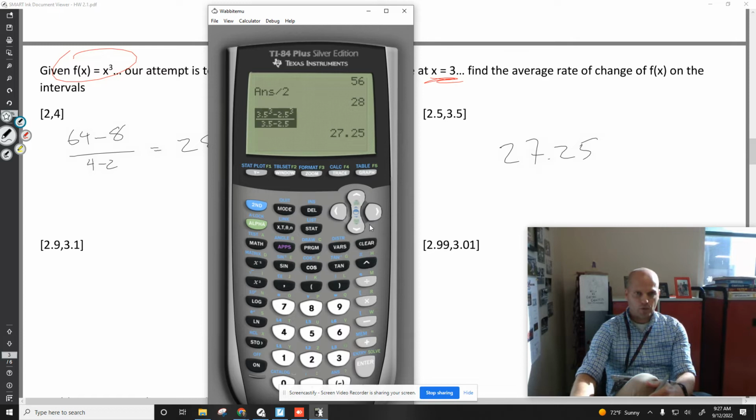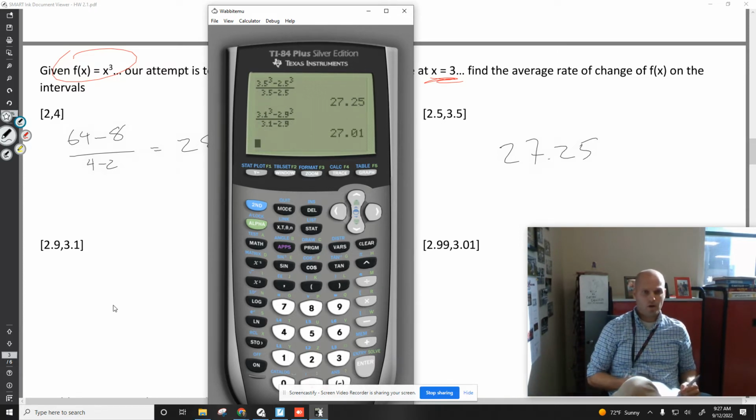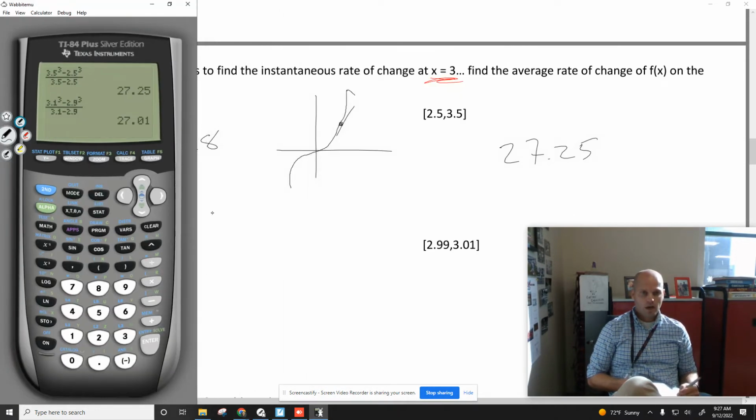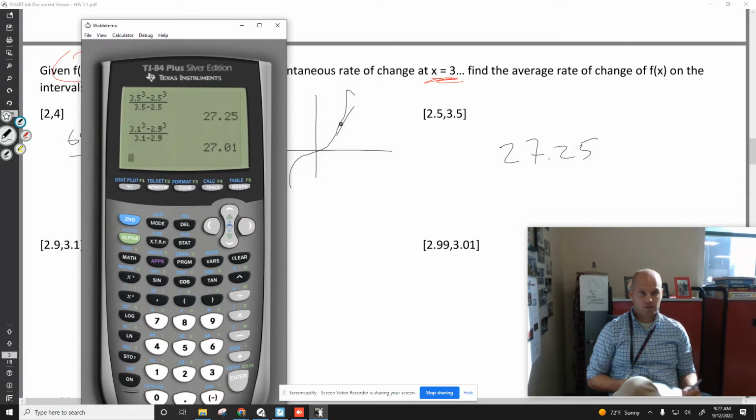Let's plug in 3.1 and 2.9. This would give us a better approximation because the 2 points are closer to the location of x equals 3. I can see I'm approaching a very specific whole number. I'm approaching 27 probably, but let's just double check.